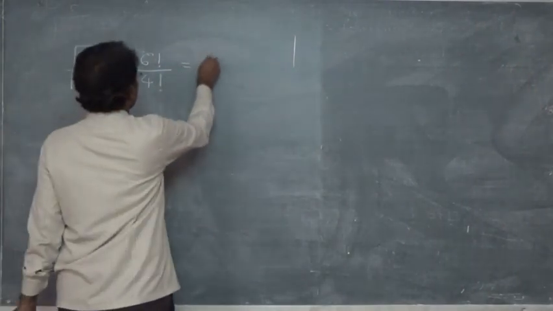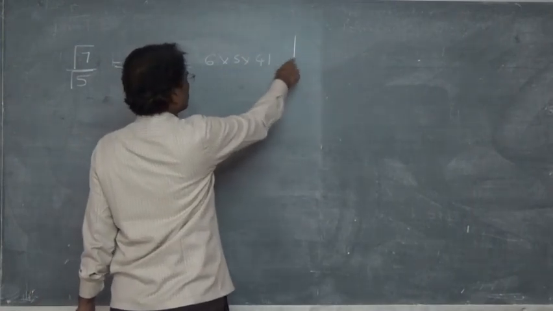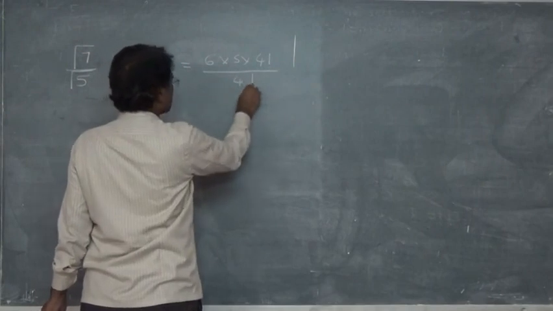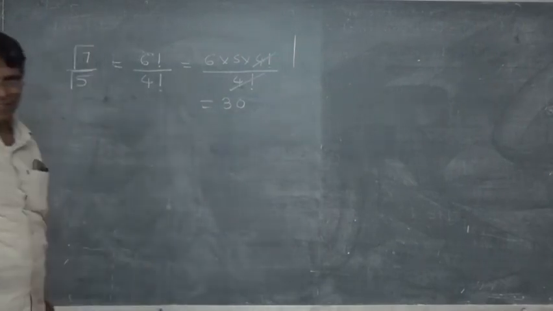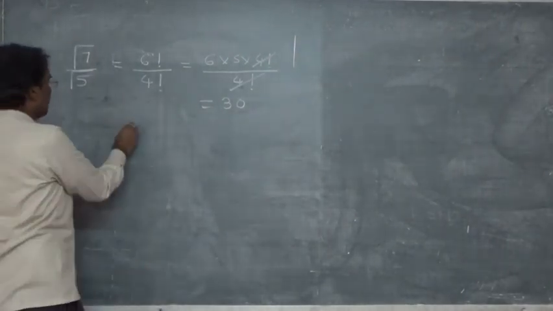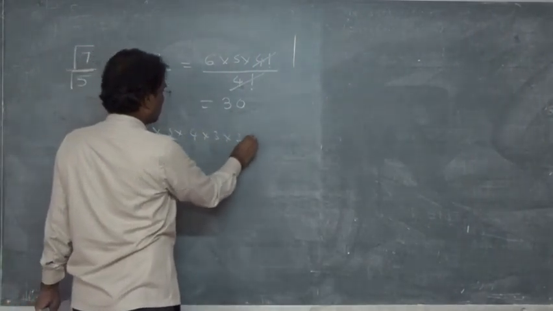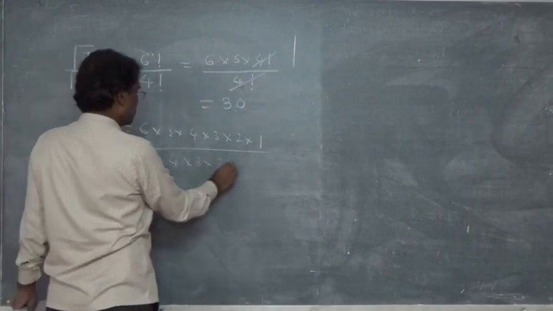So 6 factorial can be written as 6 into 5 into 4 factorial. You stop here, instead of expanding further, because already in the denominator 4 factorial is also there. So this gets cancelled. This is 30. Answer is 30. Otherwise you can do in detail also. That is 6 into 5 into 4 into 3 into 2 into 1 divided by 4 factorial, which is 4 into 3 into 2 into 1.